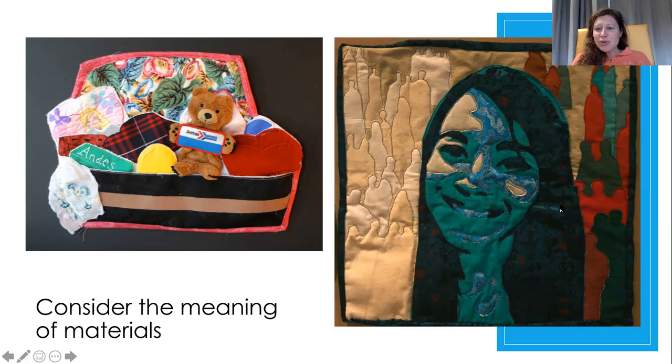And then she's used an image of her own face to create a self-portrait, but the self-portrait, the values are created with pieces of her mother's kimono. So really highly interesting and meaningful.